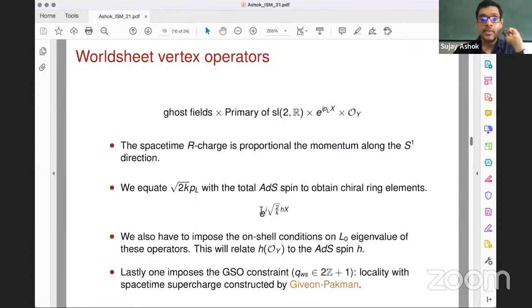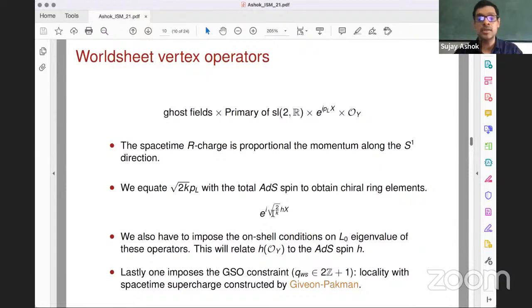Okay. Then what we do is to demand that I have a chiral primary. So the momentum along the S1 should be equal to this AdS spin up to some proportionality factors. If you choose an AdS3 spin h element from the SL(2,R), then you immediately fix p_left to be square root of 2/k times h. Then we have to impose the fact that I have a physical propagating string mode.